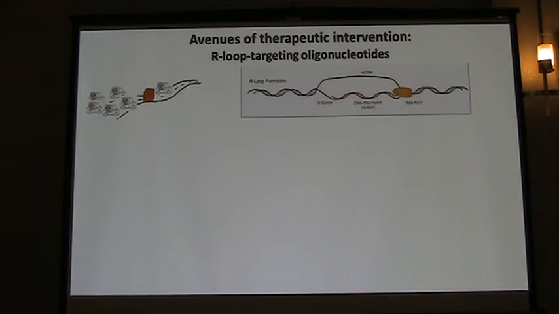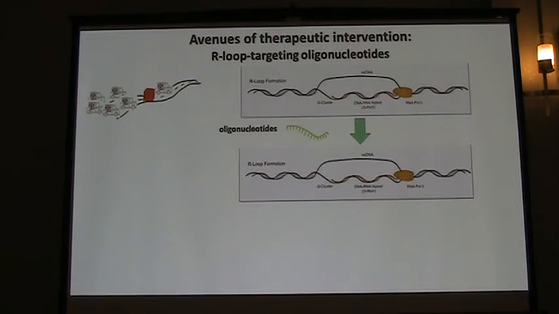So I talked to you about the roadblocks. So are there therapeutic strategies that we can use to target these roadblocks? The first roadblock is the R loops. And in fact there are, and this is what some of the oligonucleotide-based strategies are used for. These oligonucleotides are simply made of those 4 building blocks that make the DNA.